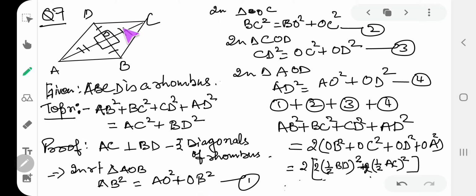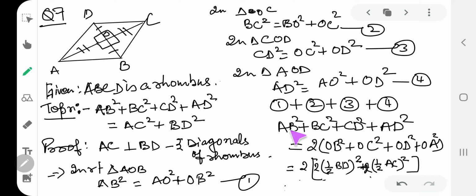Similarly, in this triangle, BC square is equal to BO square plus OC square. Similarly, in this triangle, CD square is equal to OC square plus OD square. Similarly, in this triangle, AD square is equal to AO square plus OD square.